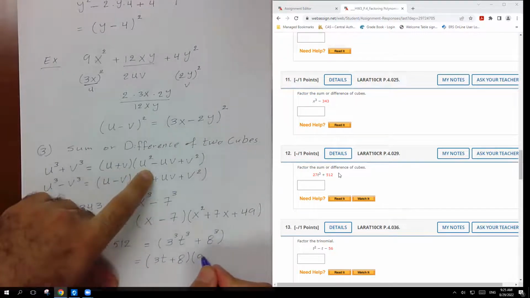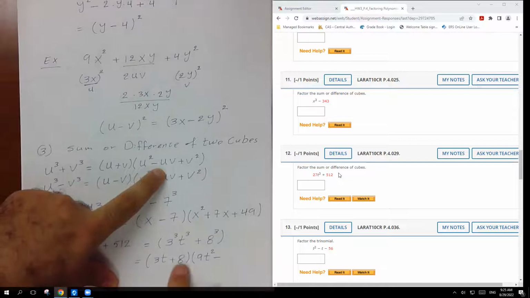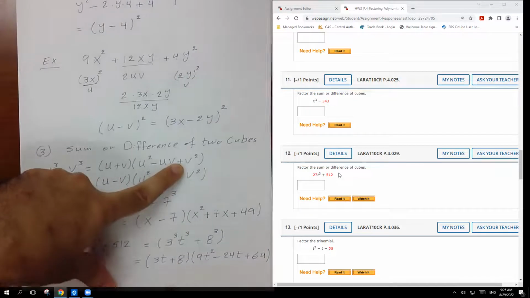That means it's going to be 9t squared. Opposite sign. The first one times the second one. So 3t times 8 is going to be 24t. Plus the second one squared. 8 squared is going to be 8 times 8. It's going to be 64. That's it for this.